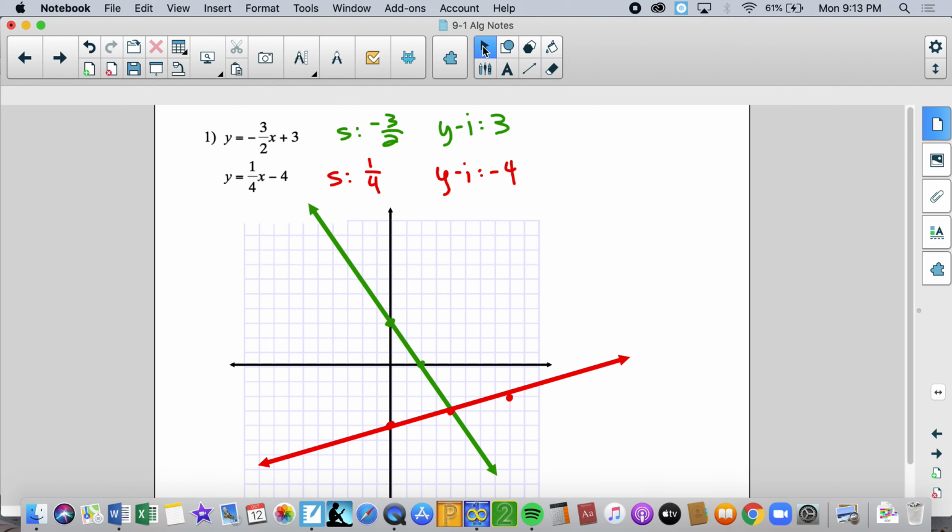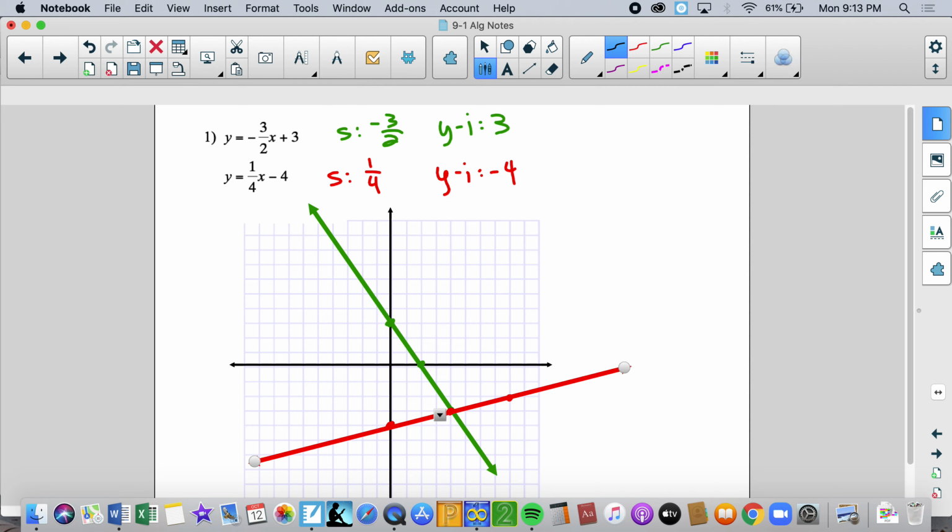This is a relatively easy intersection because our slope took us to the point. It took us to the point of intersection. So if we look at that point of intersection, that would be 1, 2, 3, 4 on the x, and 1, 2, 3, -3 on the y.